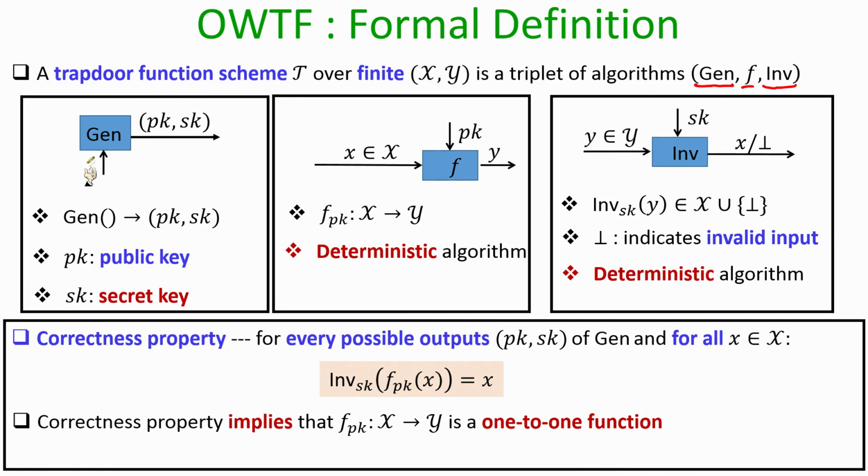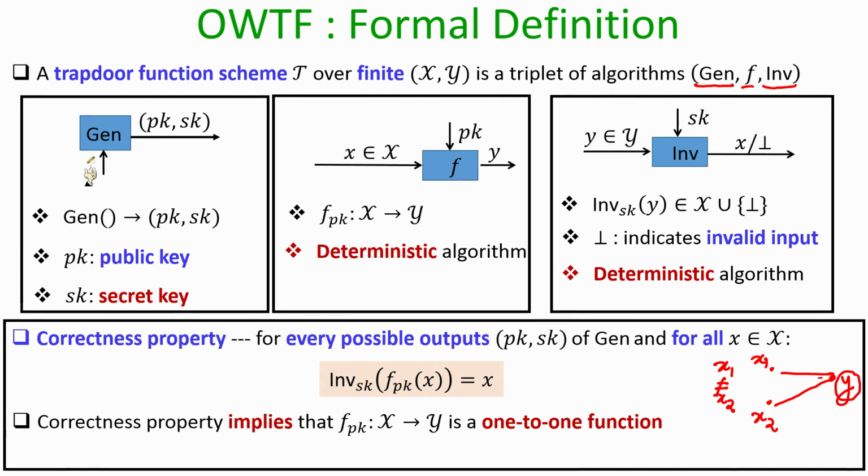That means, if you have two distinct inputs x1 and x2, where x1 is not equal to x2, and if you try to evaluate the function f of pk on the input x1 and on the input x2, you can't get the same output y, because if both x1 and x2 get mapped to the same output y under the function f of pk, then what happens when you try to invert the input y with the secret key sk?